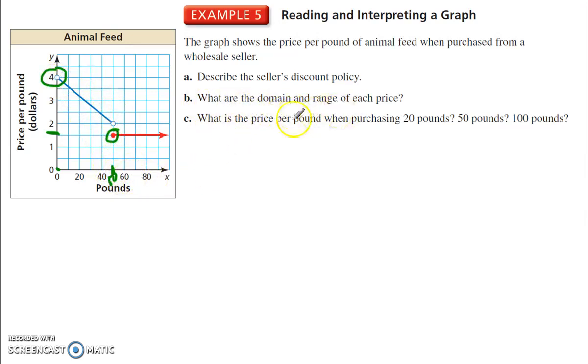What are the domain and range of each price? So from 0 to 50, the blue line has a domain. The x values are from 0 to 50. Now we have to determine, are 0 and 50 included? Nope, those are open circles, so greater than 0, less than 50.